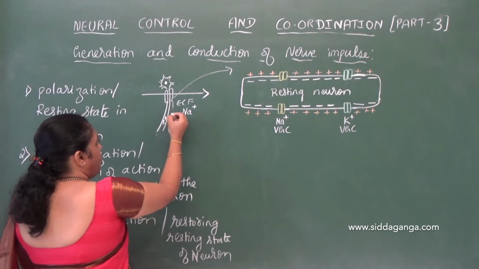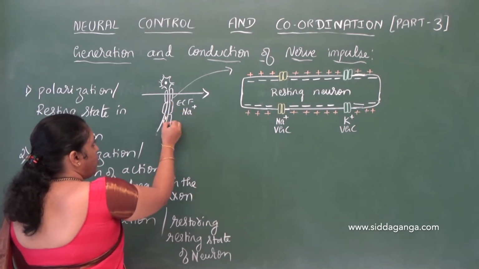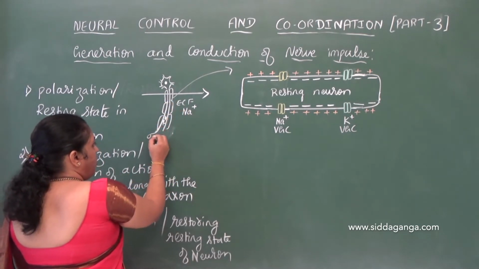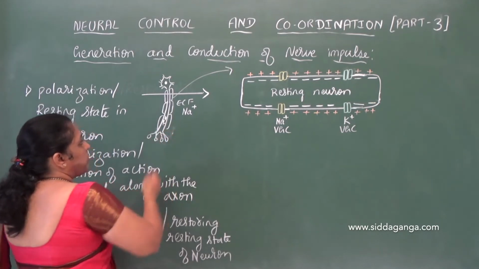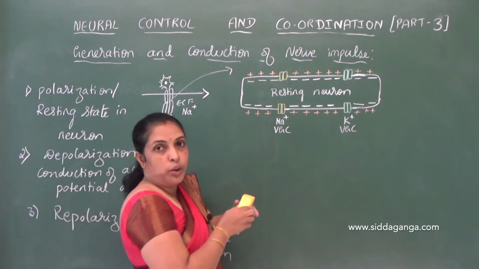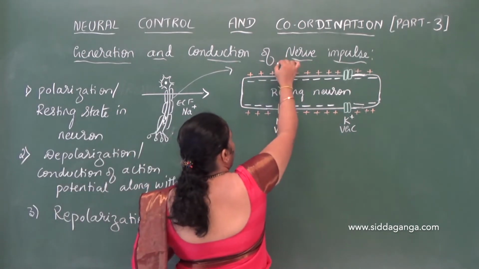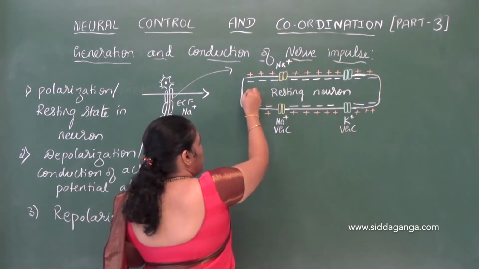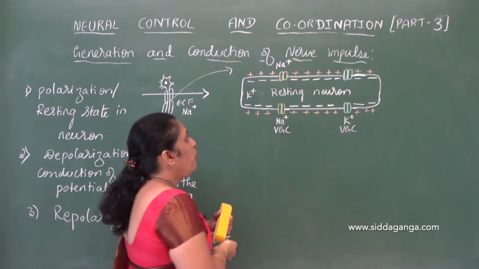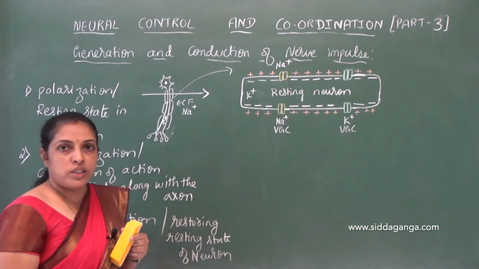So outside the axon we see more sodium ion concentration, and inside we see more potassium ion concentration.